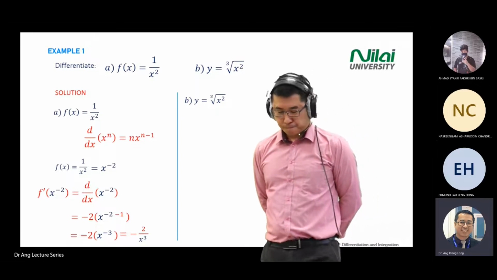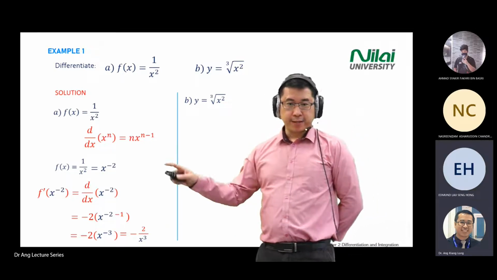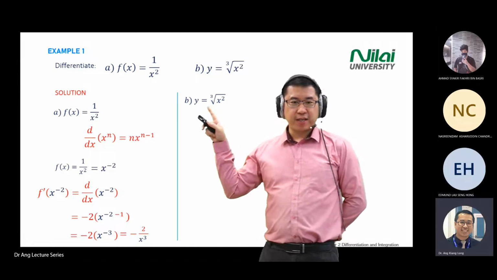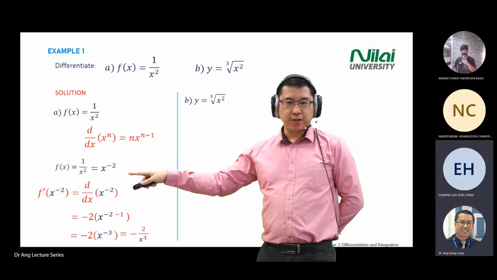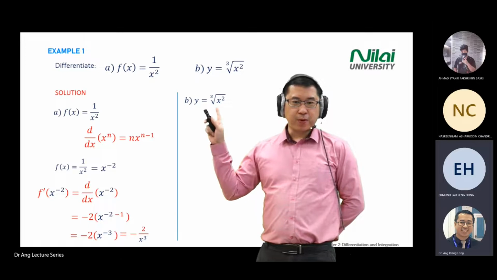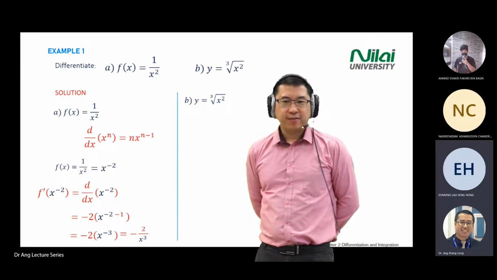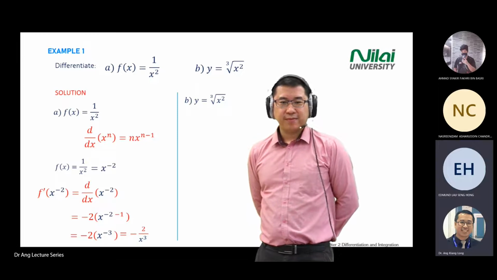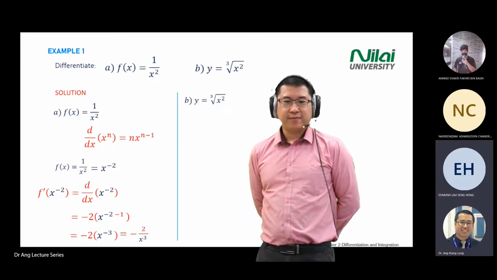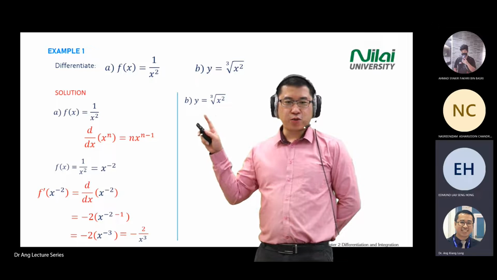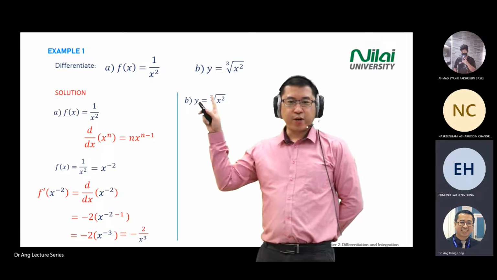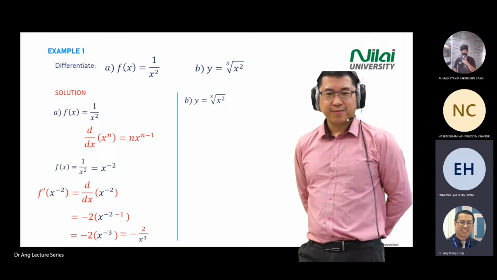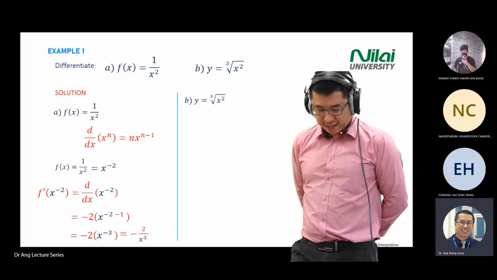So if you want to convert the cube root into exponential, how do you write? X power what? How do you write square root? X square root equals to what? Or you forget already?